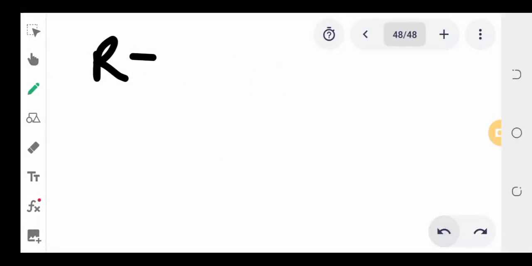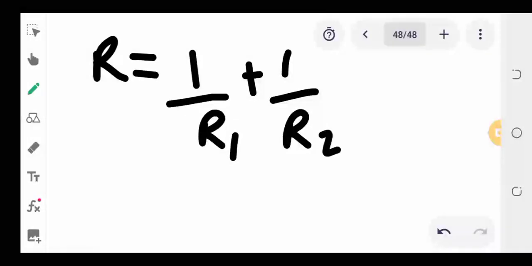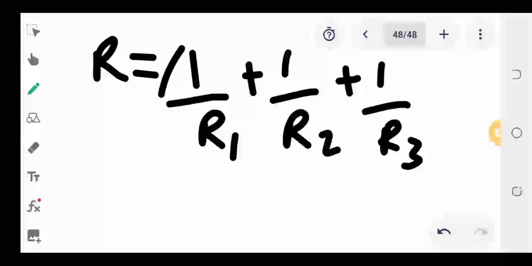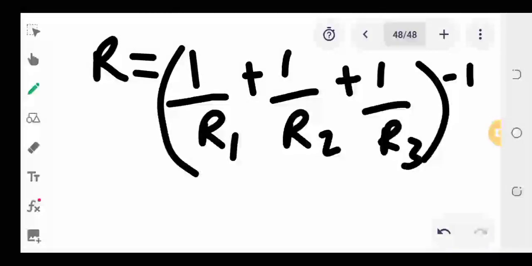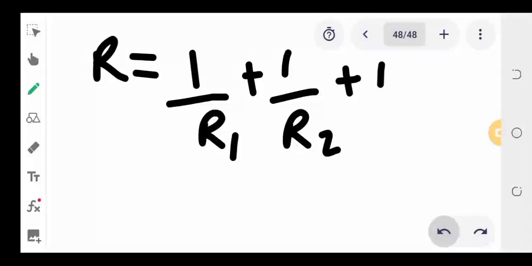So we say 1 over R is equal to 1 over R1 plus 1 over R2 plus 1 over R3. So all this inverse. In the case where you have 5 or 10 resistors, this is the formula that is applicable.